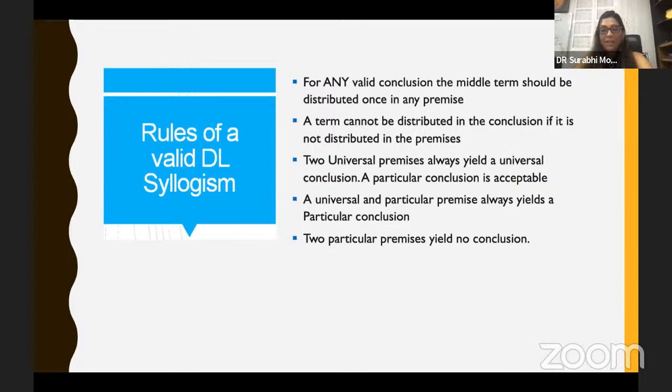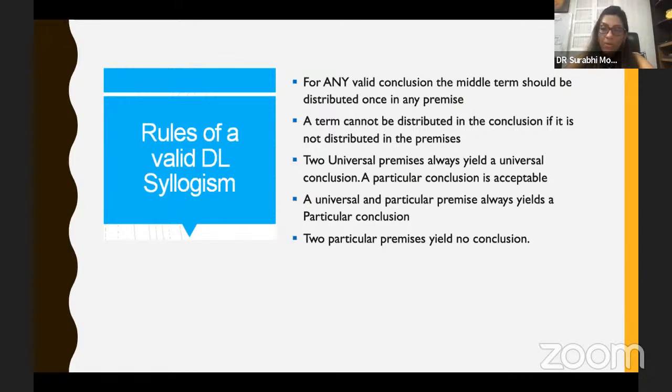So for any valid conclusion, the middle term has to be distributed, and this is the first rule and the rule we are going to work with. That is single distribution of the middle term. So first we have to understand what is the meaning of distributed. So I'm going to show you that.